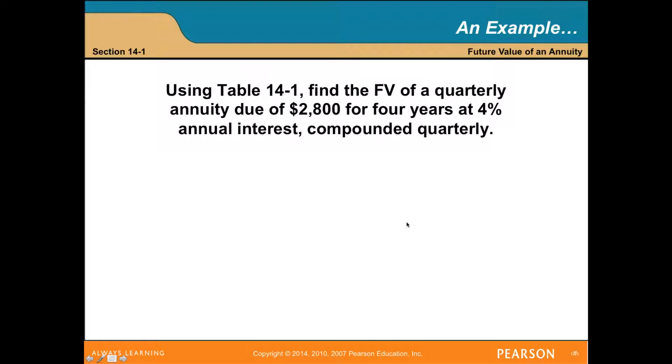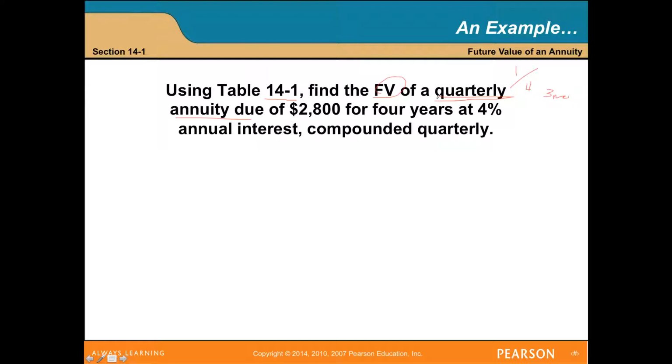So as an example, numbers sometimes do a better job of explaining things than words do. Using table 14-1, find the future value of a quarterly annuity due. Remember, quarterly means a fourth, which means that if you're looking at a year, you're going to have 3 months, because there are 4 sets of 3 months in a year.